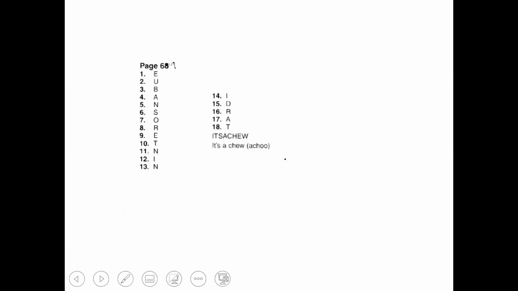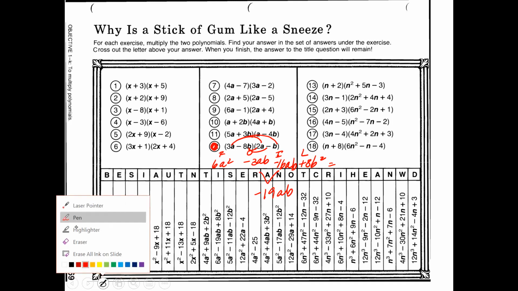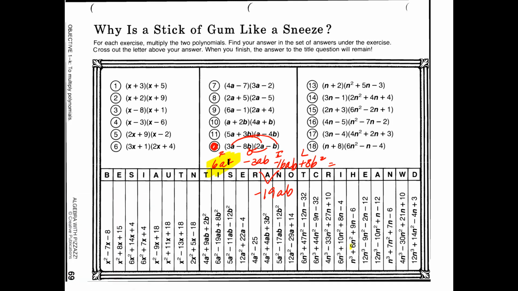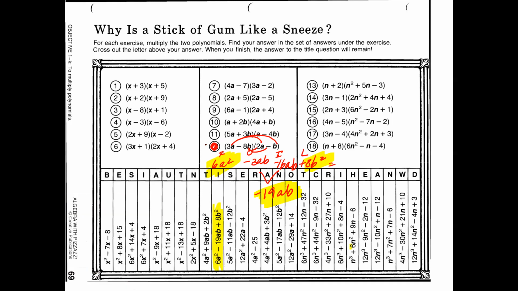Yeah, it's 16ab. So you're able to do that. Hold on a second. Let's do 16ab. So that changes that. So combining the outer and inner, you get a negative 19ab. So which answer here has the answer 6a squared minus 19ab plus 8b squared? This is the answer right here. And so for number 12, my answer is going to be I as in igloo.